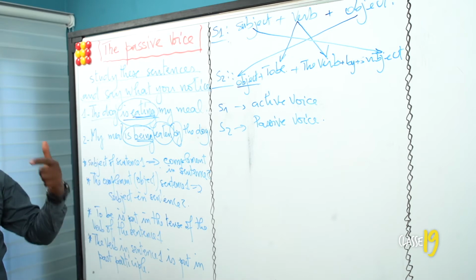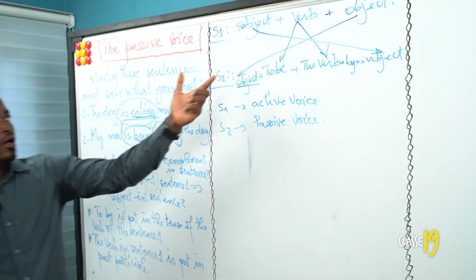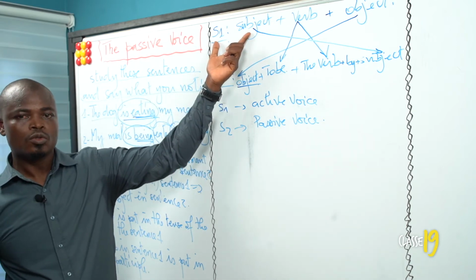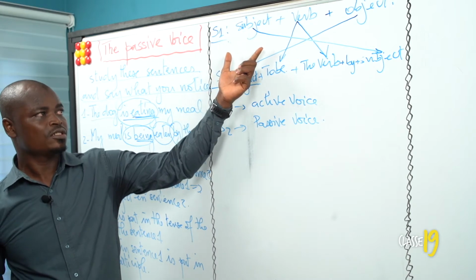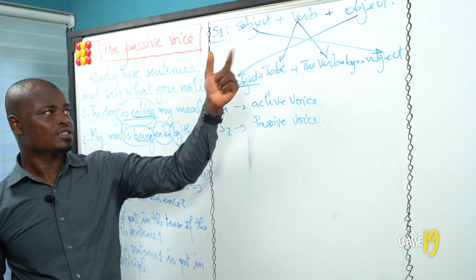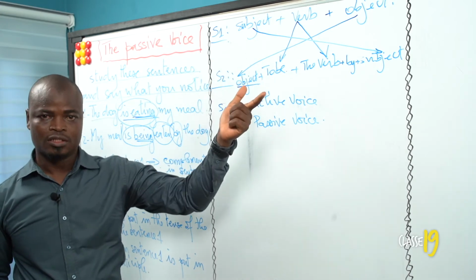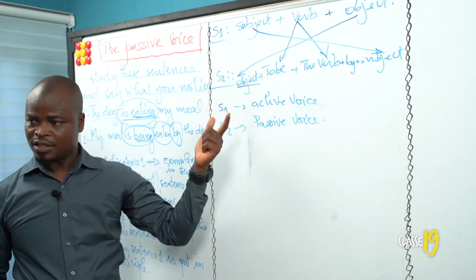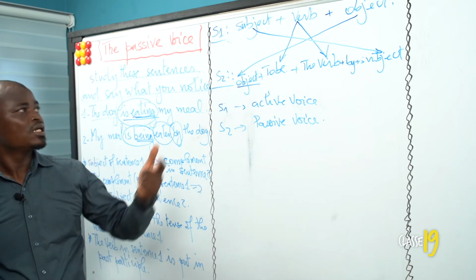Okay. Now, what is the conclusion that we can draw? The conclusion is that to put a sentence into passive voice, we need 3 elements: subject, verb, and object. The object becomes the subject.